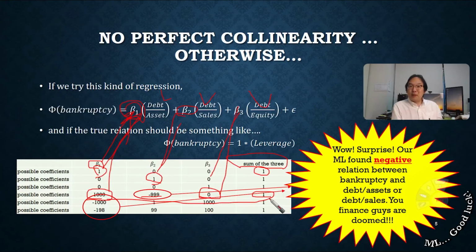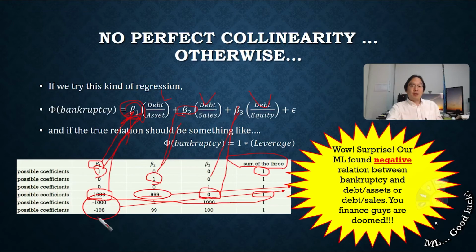The regression makes it wonderfully into 1 because the true relation predicted by some model will be like bankruptcy equals 1 times leverage, right? This kind of funny thing can happen in various forms.